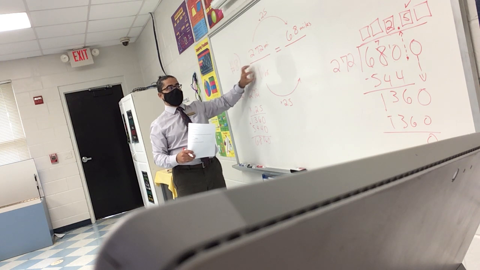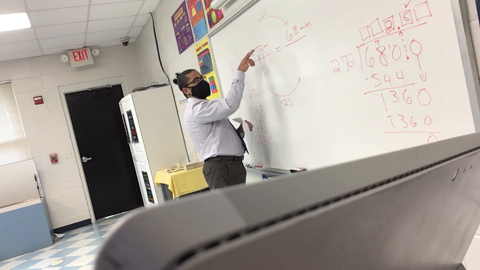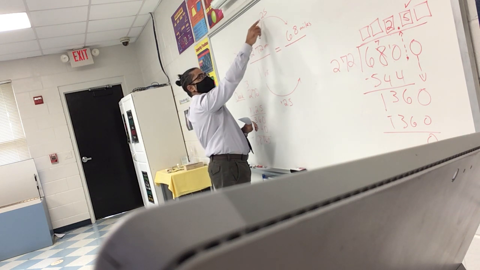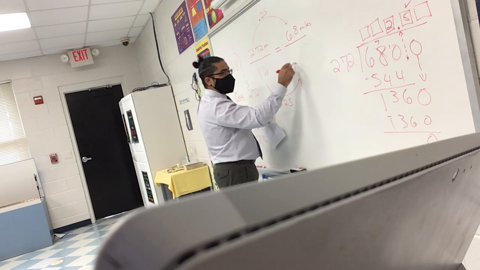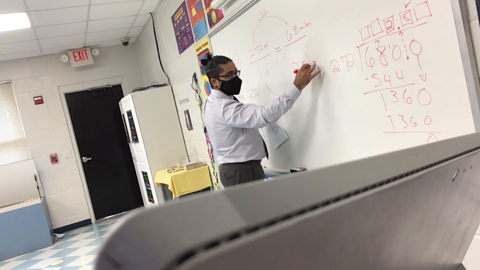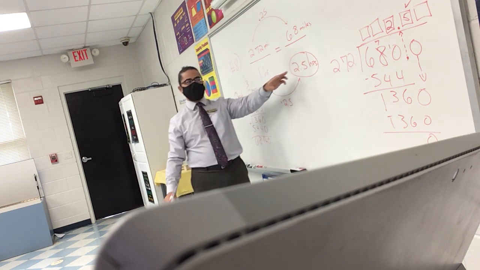Miles per hour. If I'm changing my miles from this to this by multiplying this times that, I have to multiply this by this, which gives me 2.5 hours. This is my answer. That is the number that I'm looking for.